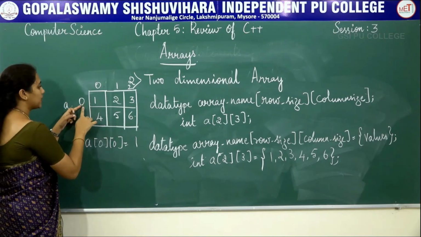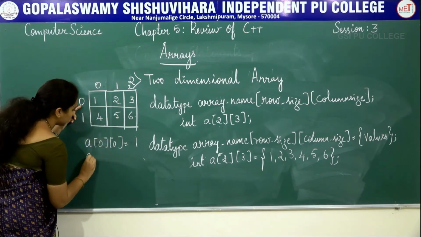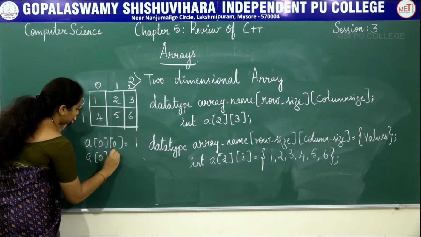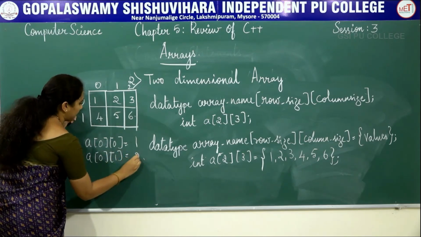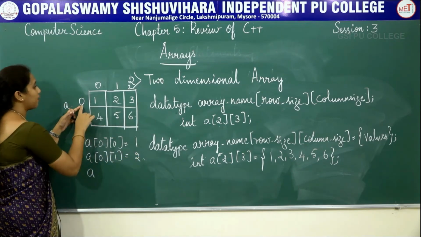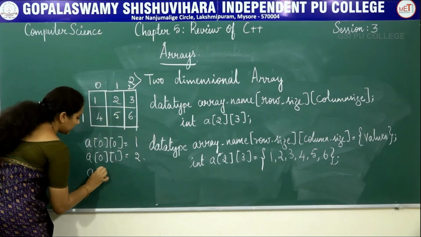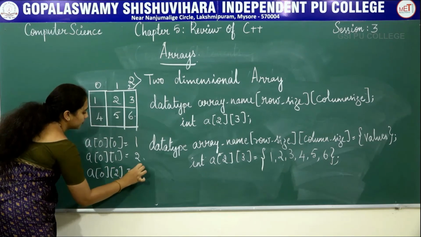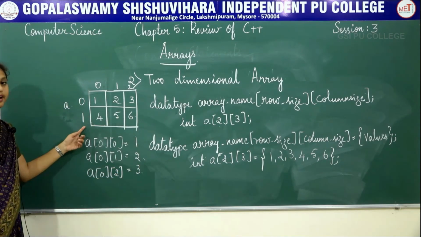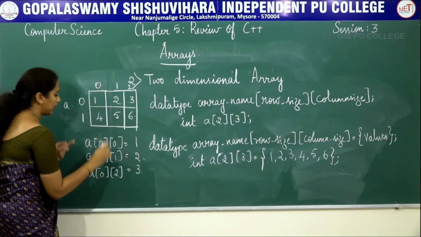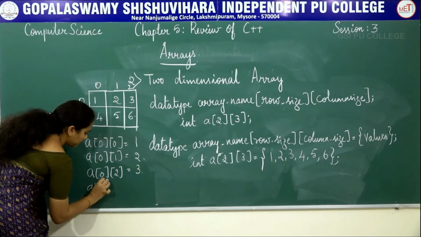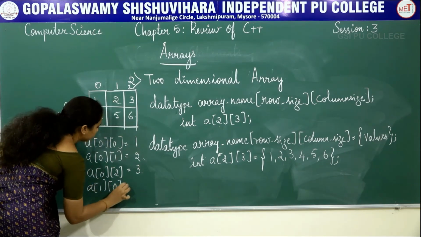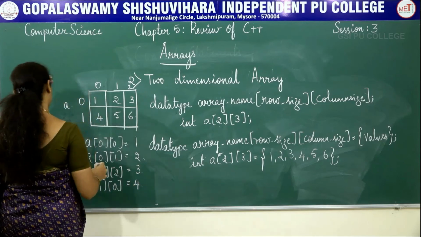A of 0, 1 contains 2. A of 0, 2 contains 3. A of 1, 0 contains 4.